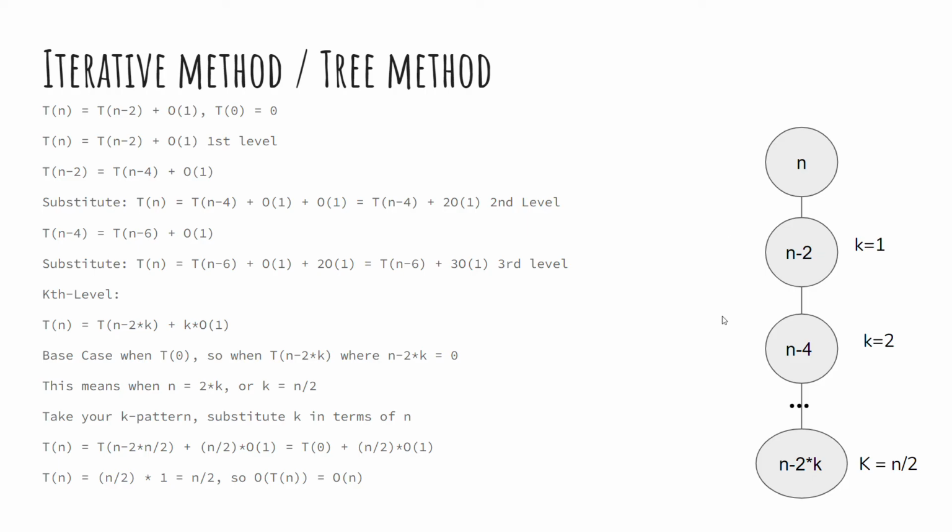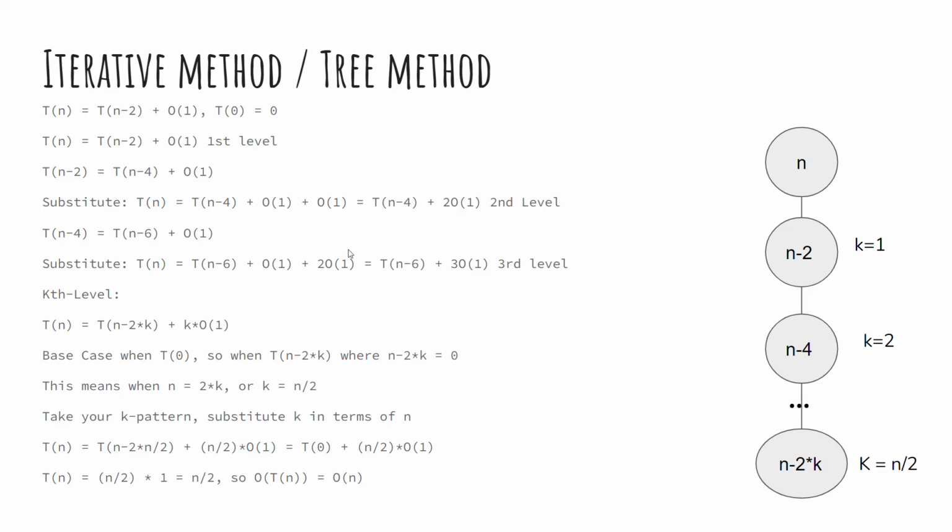And this is an easier visual representation of the same thing. The tree method is usually easier to understand because it's more visual, and it's easier to see the pattern. So we have the big problem n, and then we break it down into n minus 2, and then n minus 4, and so on, until we get the base condition, which is T of 0.